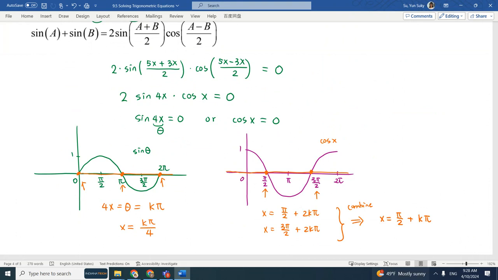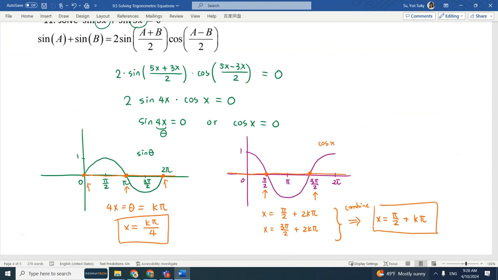But in the exam, if I don't combine them, do I get all the points? Yes, you get all the points. I'm just showing you an alternate way to simplify your answer, but you don't have to. Is that okay, everybody? So the solution is this one or this one, two sets of solutions.